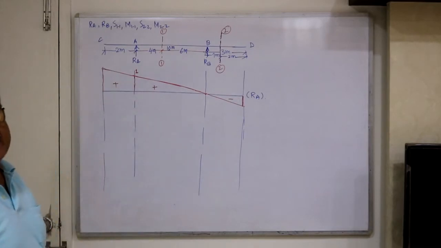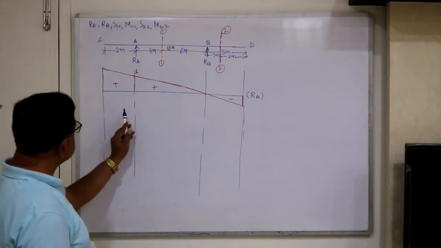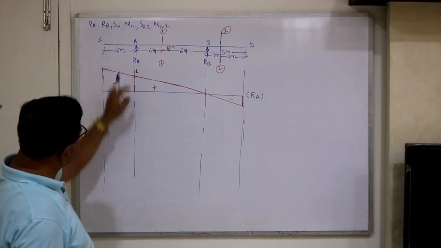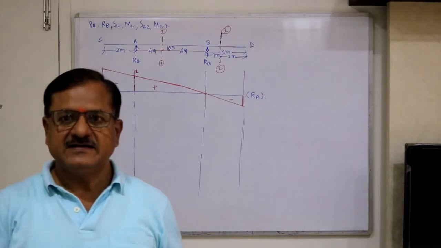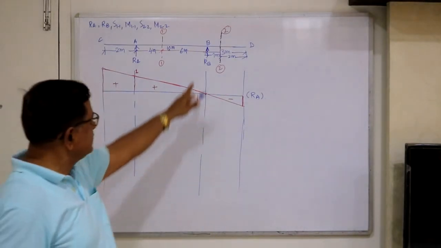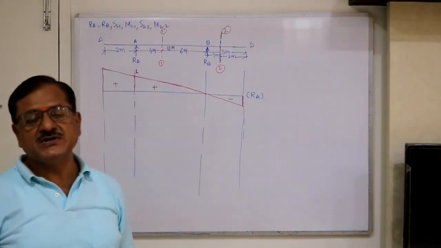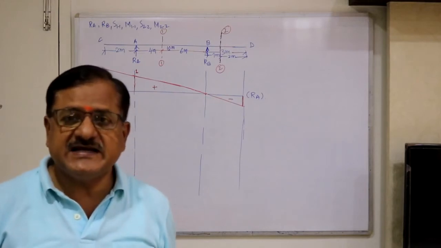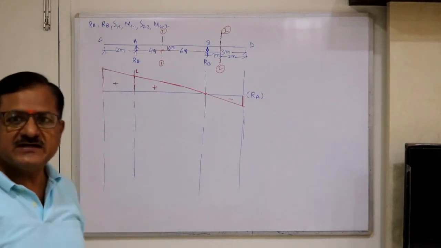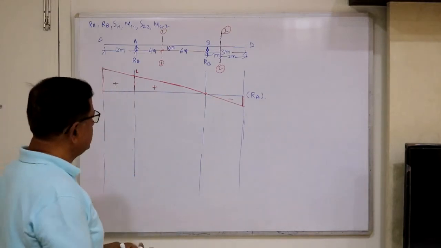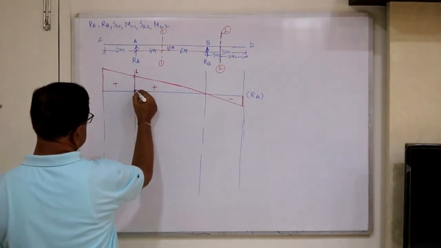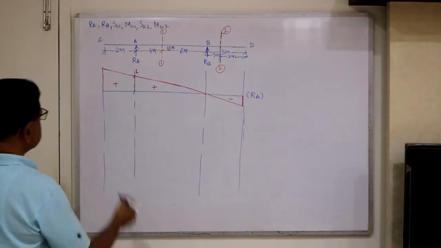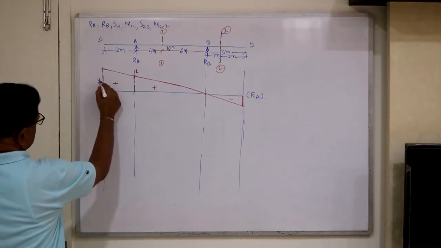Now this is ILD for RA. What we did, we only introduced unit displacement at A, lifted up at A, and kept the straight line with deflection at B equal to 0. The deflected shape itself is the ILD, that's all. ILD is over, it's only a 1 minute problem. Now what are the ordinates? If this ordinate is 1, use similar triangles. Say this ordinate is y1.